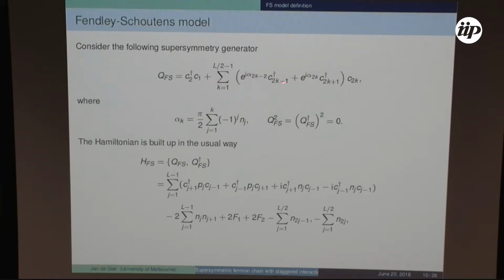And here as well. The odd sites label the bottom chain and the even sites label the top chain. And then there are these phase factors, e to the alpha here and there. And these alphas are non-local phases. They depend on the number of spins to the left of the site that you're looking at.